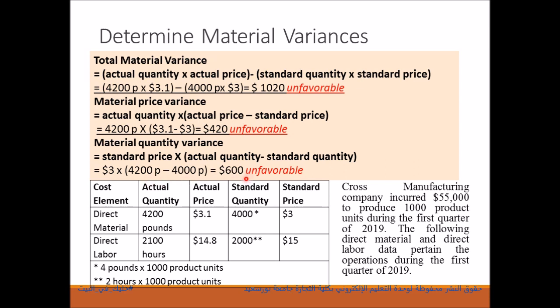That's why the quantity variance is unfavorable, $600 unfavorable quantity variance. So the $1,020 unfavorable material variance consists of two components: $420 unfavorable price variance and $600 unfavorable quantity variance.